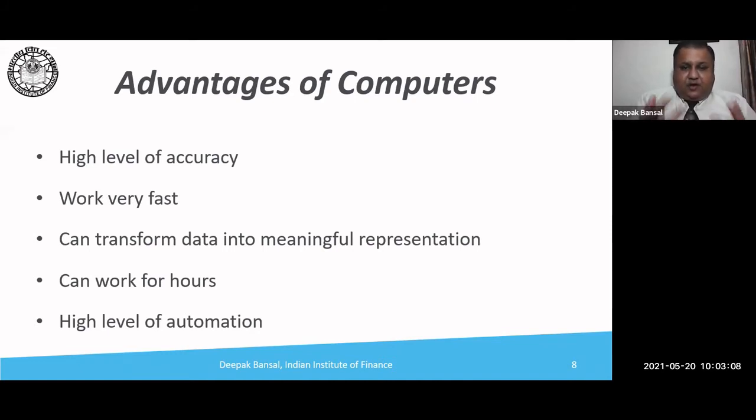Today's modern computers can be switched on 24 by 7, and you are not required to switch them off, although earlier versions of computers generated a lot of heat and were required to be switched off. Today's computers can work for hours continuously and give you the results. And obviously, it helps in a very high level of automation.